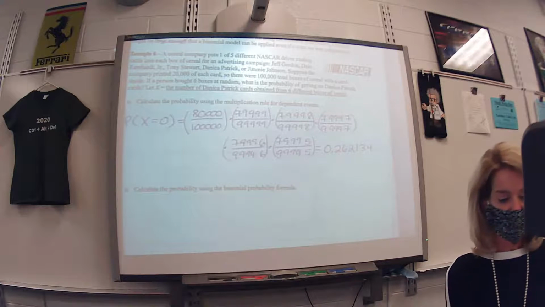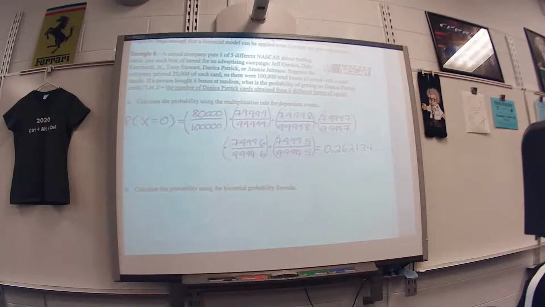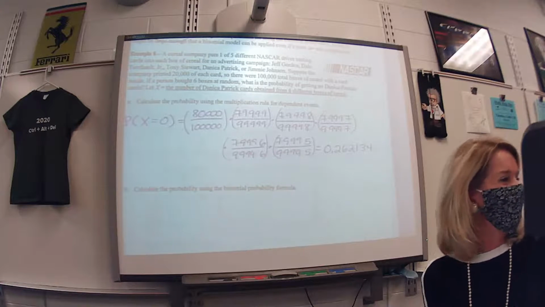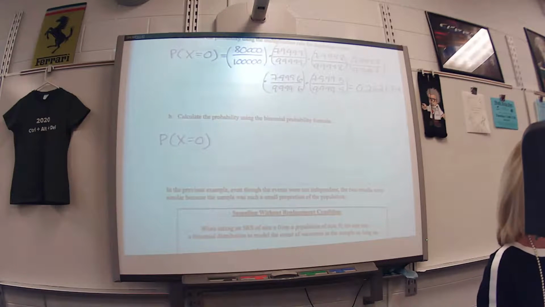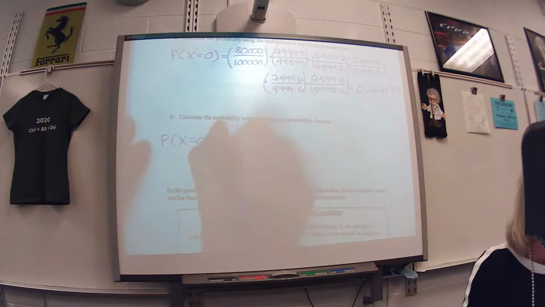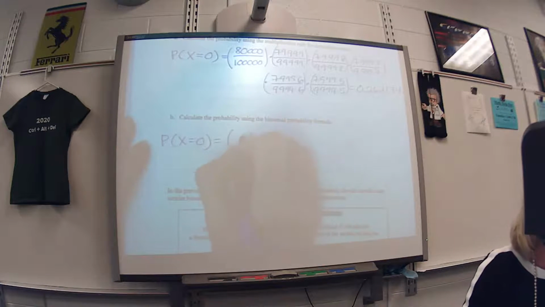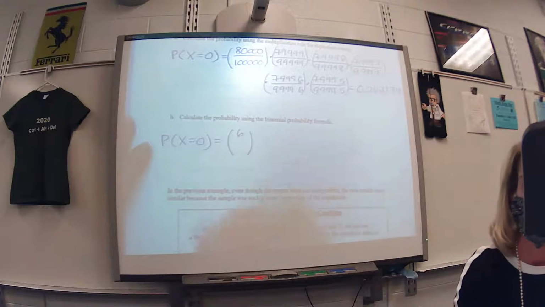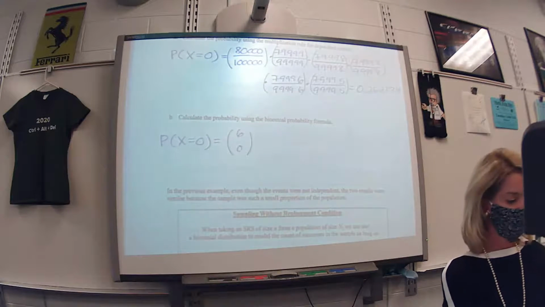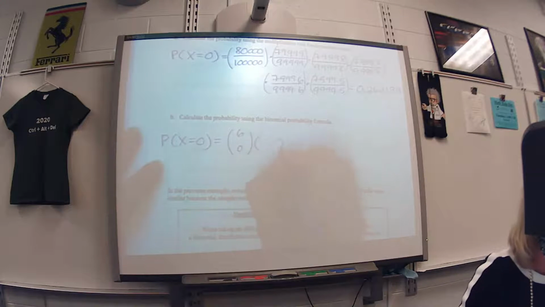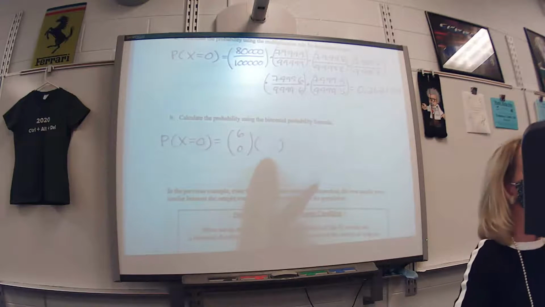Okay, so I already told you we failed the condition for binomial. We failed the letter F. But what the heck? Let's just try it. Let's try using the binomial formula. Let's see what happens. What if we set this up and said there are 6 cards and I want to calculate getting no Danica Patricks? All right, remember, this is the probability of success.